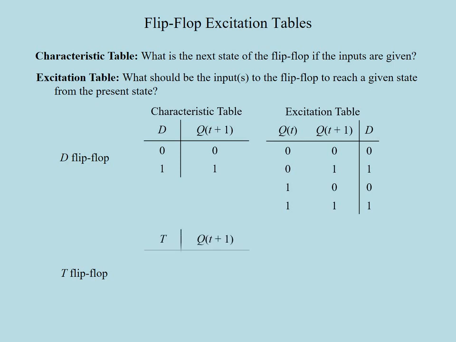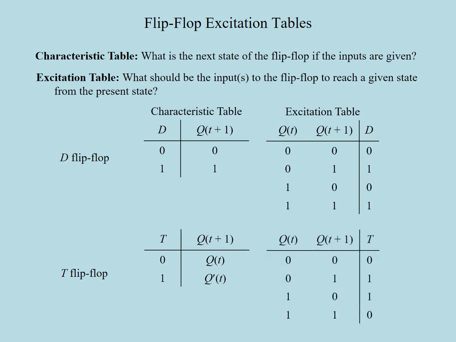That is, the next state is the complement of the present one whenever the input T is 1. Otherwise, it is the same as the present state. This results in an excitation table where T is required to be 1 if the next and present states are different. For transitions to the same state, T should be 0.